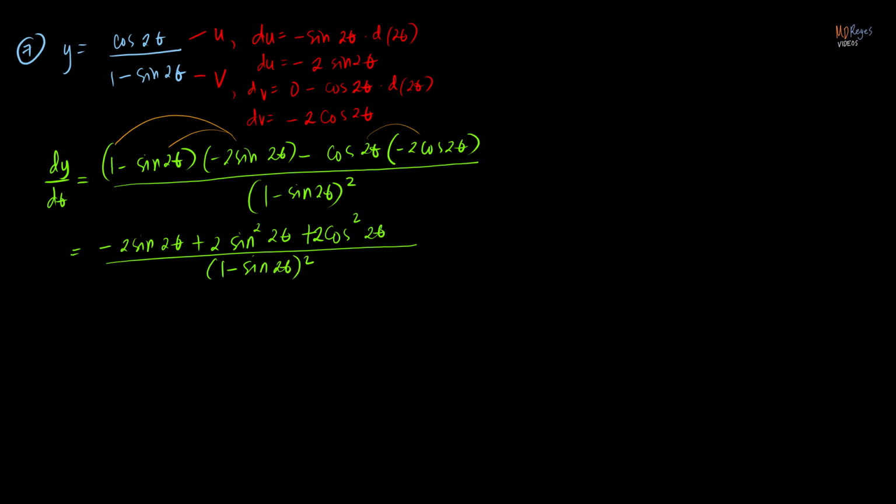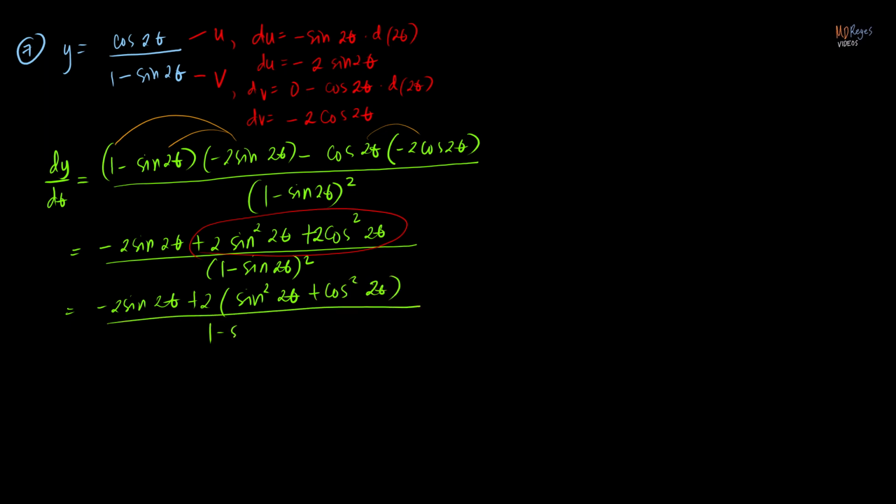From the last two terms, if we factor out 2, we'll have negative 2 sine 2 theta plus 2 times the quantity sine squared 2 theta plus cosine squared 2 theta, all over 1 minus sine 2 theta squared.